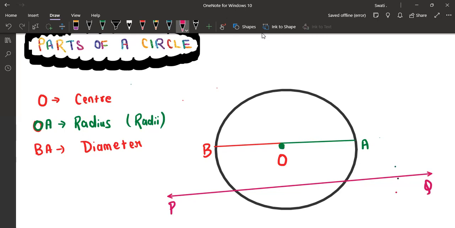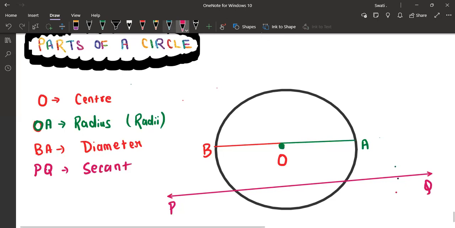You can see that both endpoints have an arrow, which indicates that it is a line. This line is cutting the circle at two points. Such a line is called a secant. So PQ is called a secant.